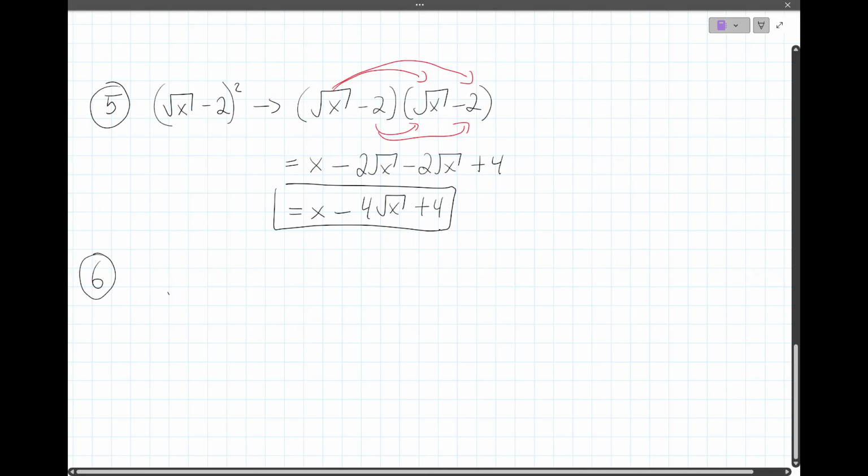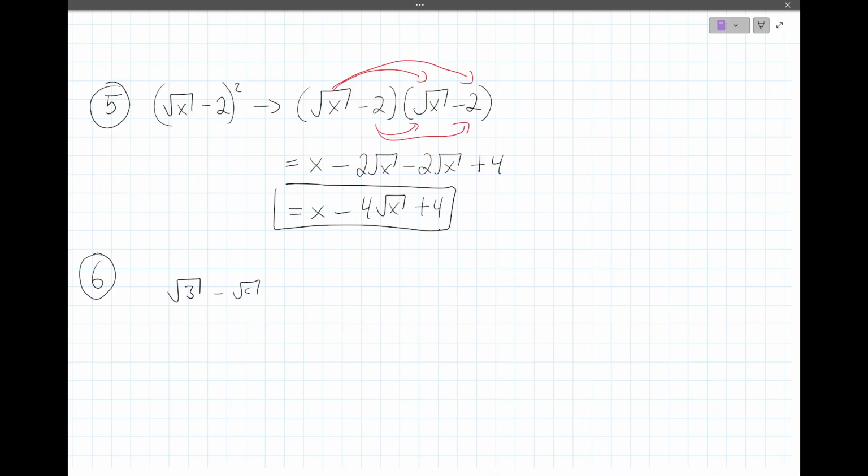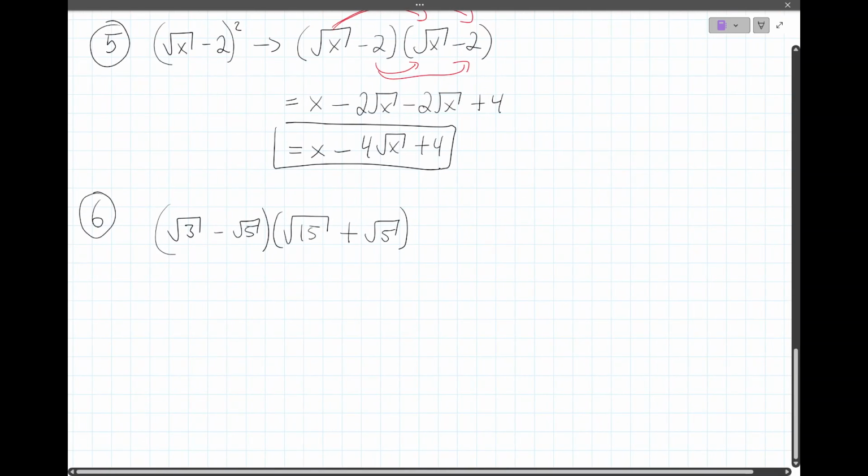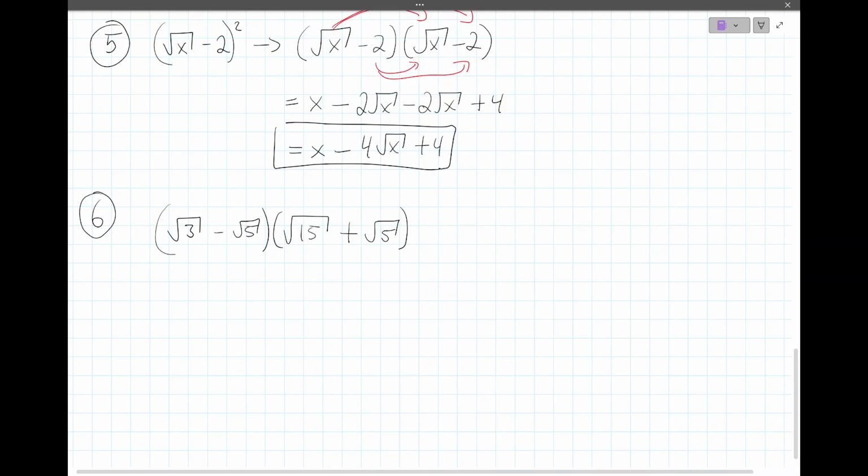Let's multiply root 3 minus root 5 by root 15 plus root 5. Now, if you look at the book's example, they say do it by the rectangle method and look at the different areas that each one has.